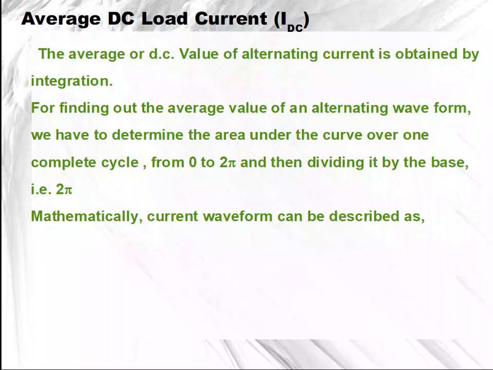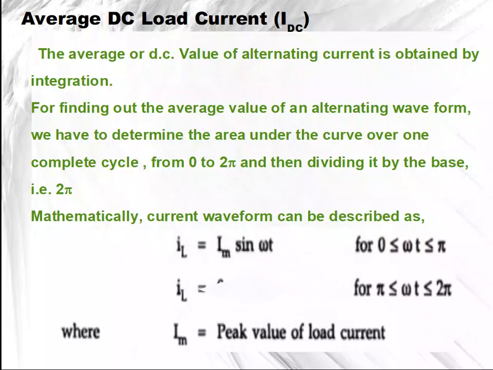Now the average DC load current: the average or DC value of alternating current is obtained by integration, as I already told you. I think you are already familiar with this mathematical relation from the plus 2 level.